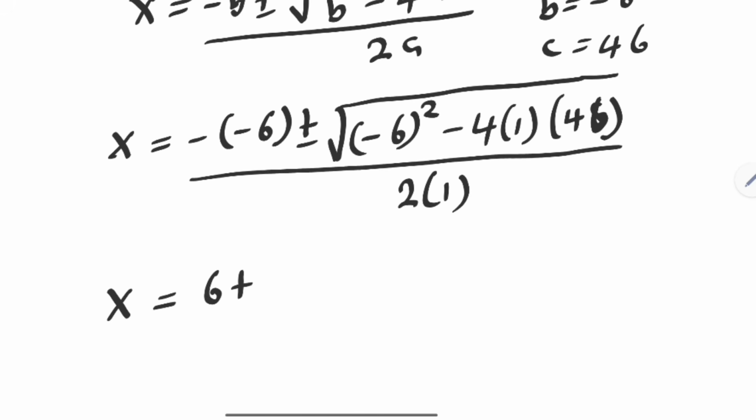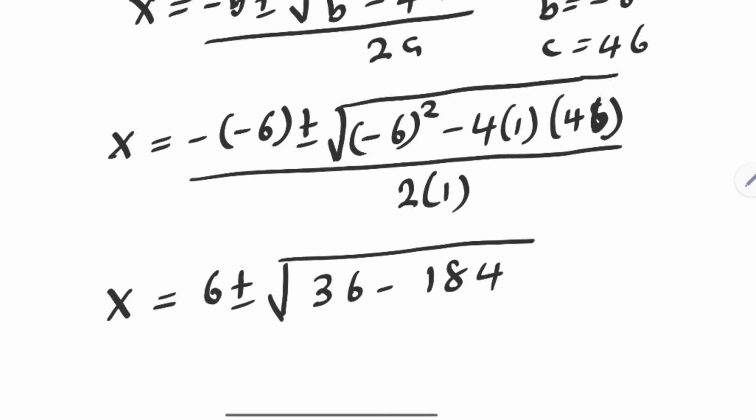This is 6 plus or minus square root of minus 6 squared. This is 36 minus 4 multiplied by 1 multiplied by 46. That is 184, divided by 2.